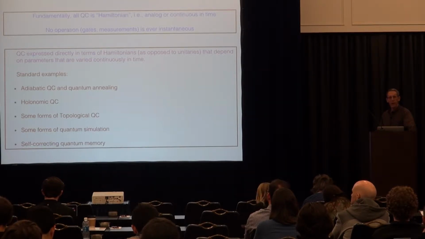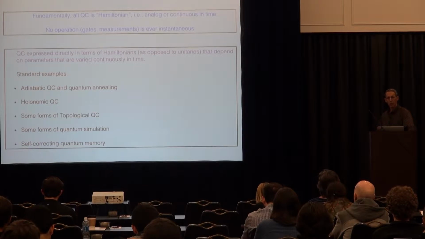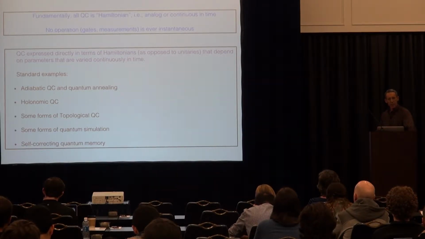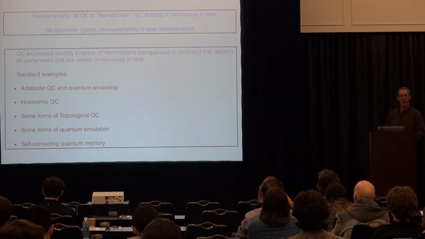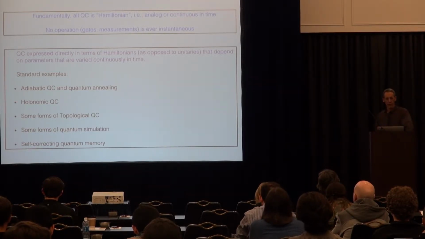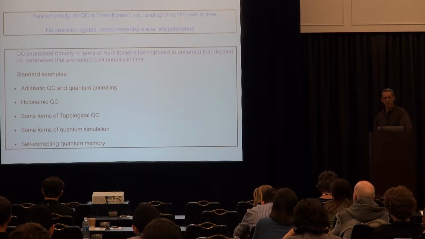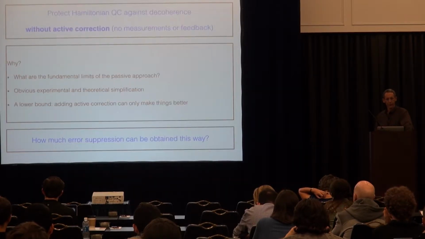But more specifically, what I have in mind are things like adiabatic quantum computation and quantum annealing, holonomic quantum computation, certain forms of topological quantum computation, some forms of quantum simulation, and self-correcting quantum memories. These are all examples where the notion of Hamiltonian quantum computation is relevant and useful.